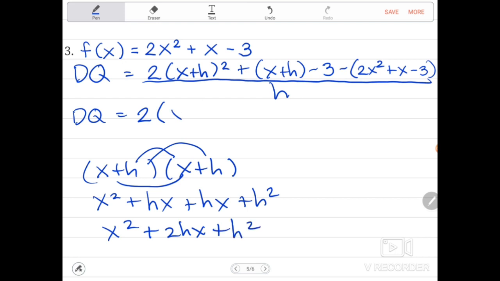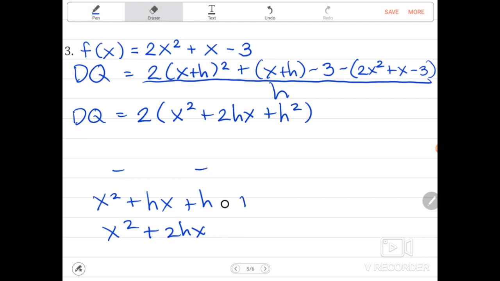So we have x squared plus 2hx plus h squared. Okay? So erase na natin to.